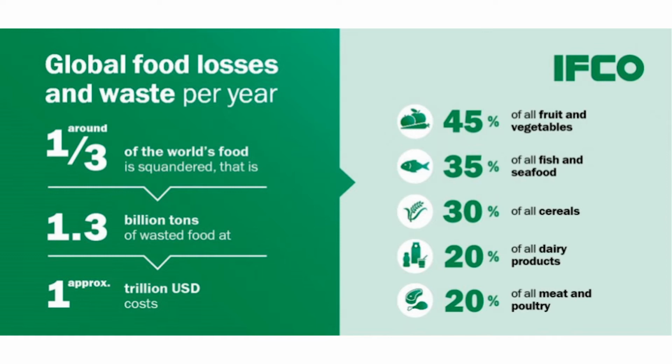And when we break it down by food type, as you can see on the slide, about 45% of fruits and vegetables, 35% of fish and seafood, 30% of cereals, 20% of dairy products, and 20% of meat and poultry. And to be honest, I'm not real sure why there is this difference in these numbers.